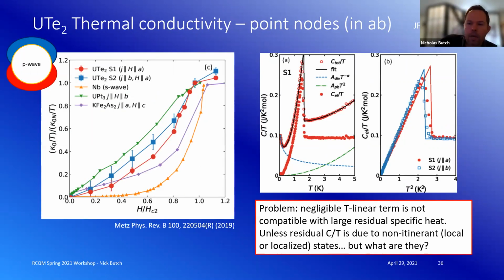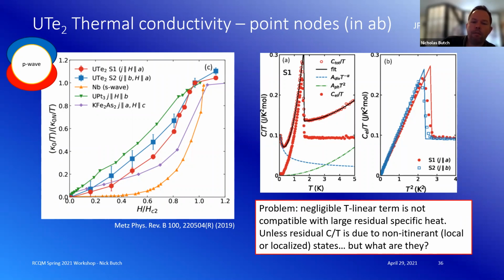And to carry on with this trend of, hey, there's something wrong, we don't understand, the thermal conductivity measured by JP's group, well, two things. One is that the field dependence that I'm showing here on the left is consistent with nodal behavior, unconventional superconductivity. But I want to raise two additional points.